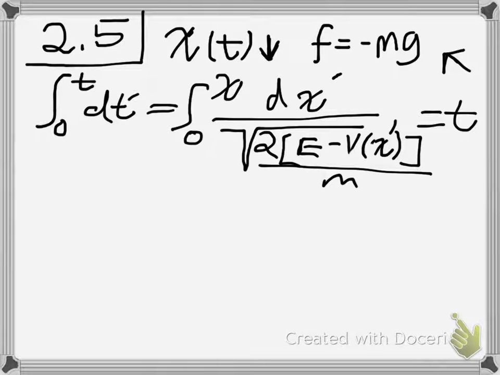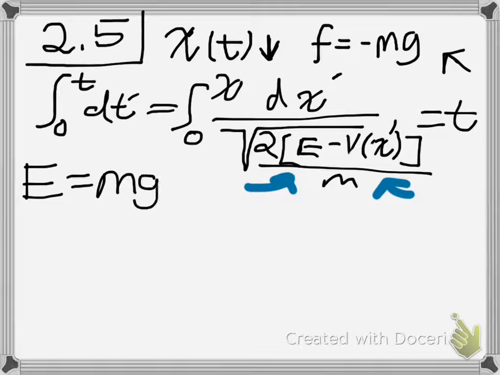So hopefully you realize from the physics of this situation what the total energy is, because in this equation, we're going to use the total energy minus the potential energy. Hopefully you recognize that the total energy, if we start this thing from rest, is just the initial potential energy it had when it started falling.